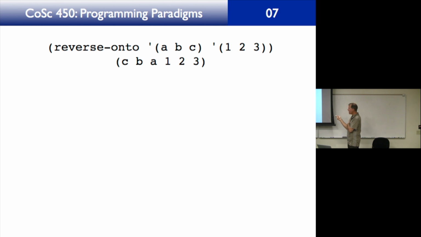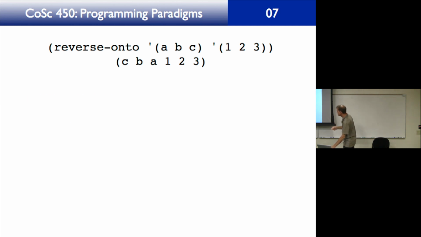How can you peel this one element at a time onto this? In other words, if we have A, B, C, and 1, 2, 3, how can we do it one step at a time? How can we make progress?